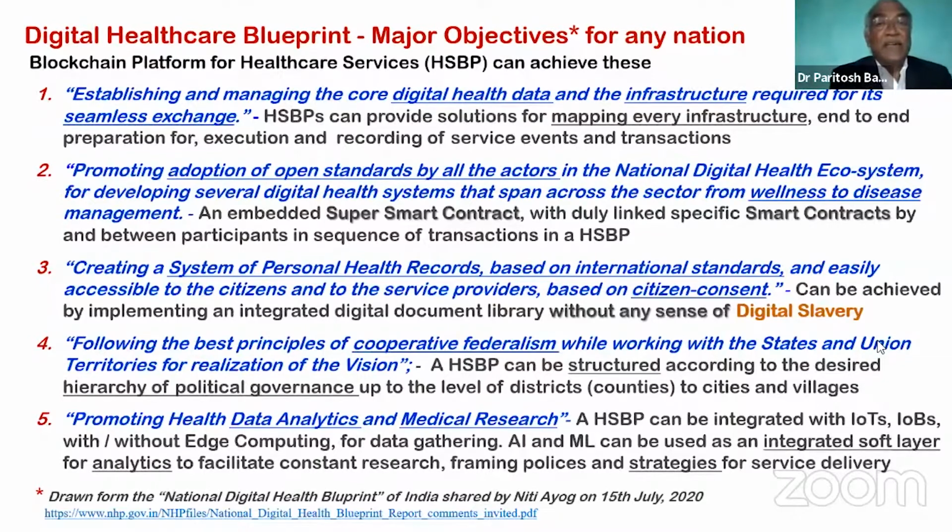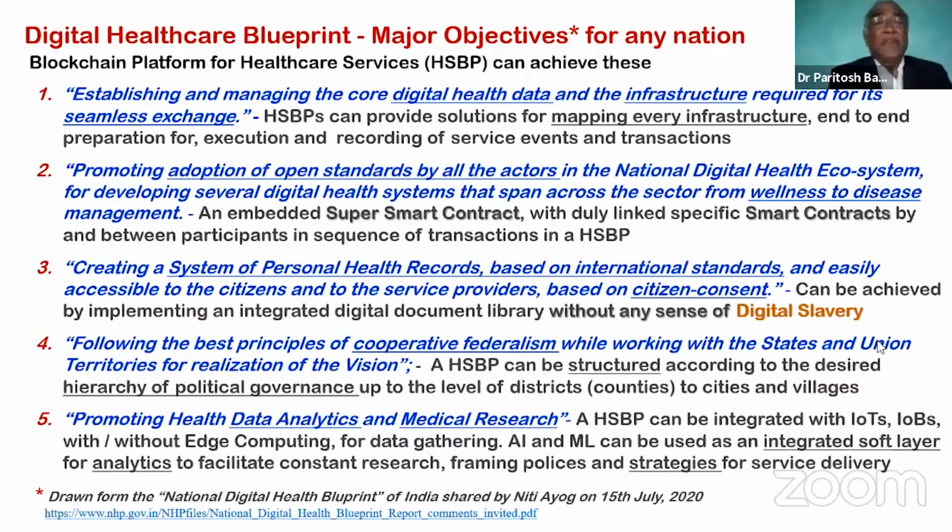From that perspective, I imagine, and perhaps the participants in the summit will agree, that the objectives of any digital healthcare system of any country will be common, and the major objectives are what I'm going to explain shortly. Alongside the objectives stated in blue letters, I will be explaining how a healthcare services blockchain platform can meet the major requirements of a national healthcare system, irrespective of the governance structure of any country.